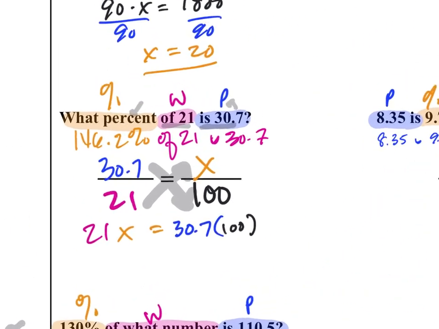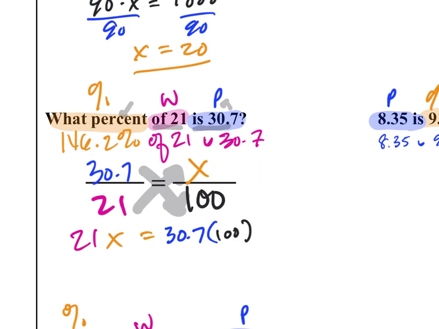That's why we're sticking to this if you didn't understand how to use the percent equation. And then we're saying that 21x equals 30.7 times 100, which means we have 21x equals 3070.